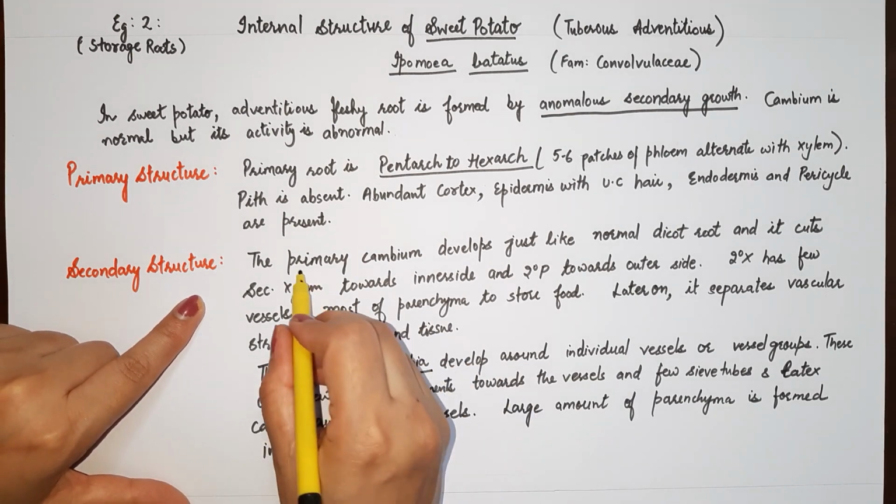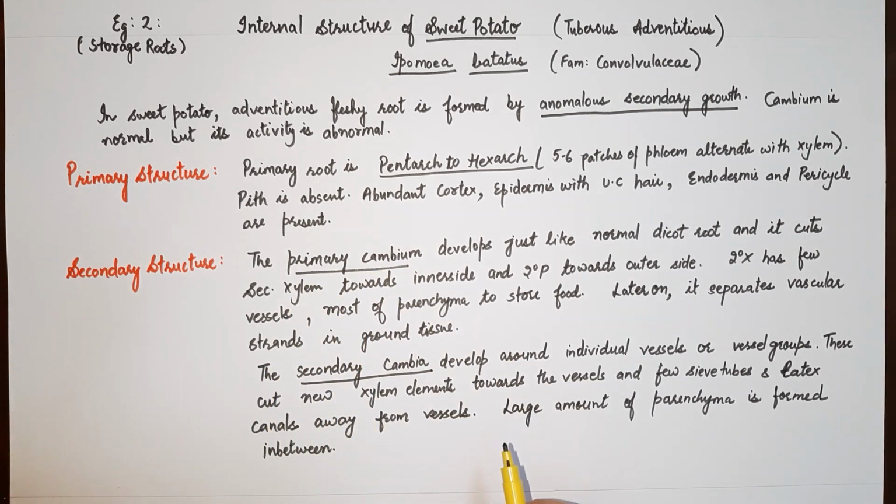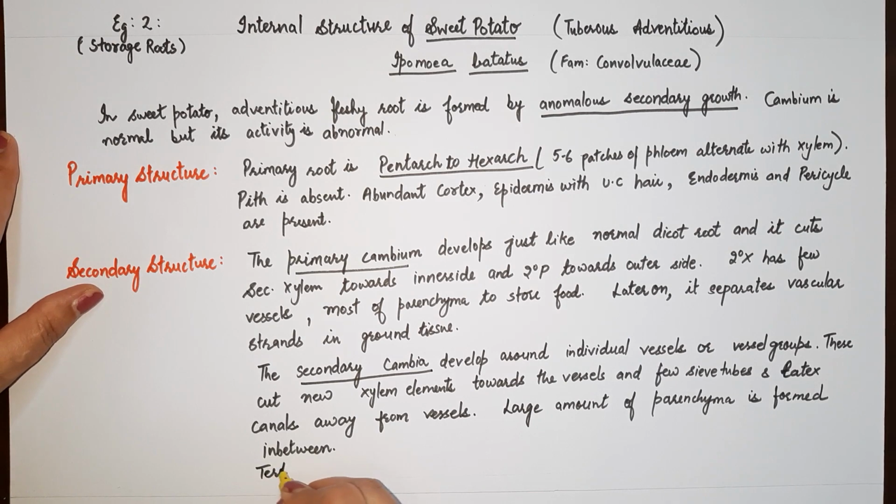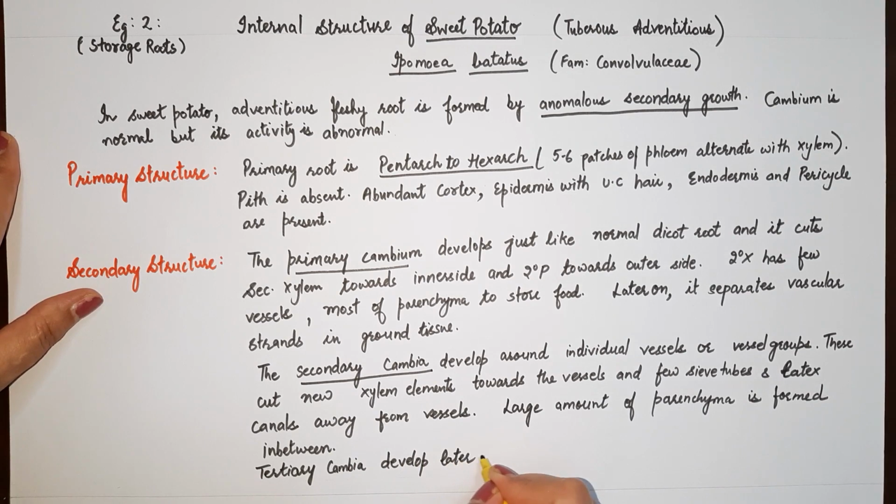So initially we had primary cambium, then secondary cambium. Now there will be the formation of tertiary cambium. Okay. Tertiary cambium develops later on from storage parenchyma.